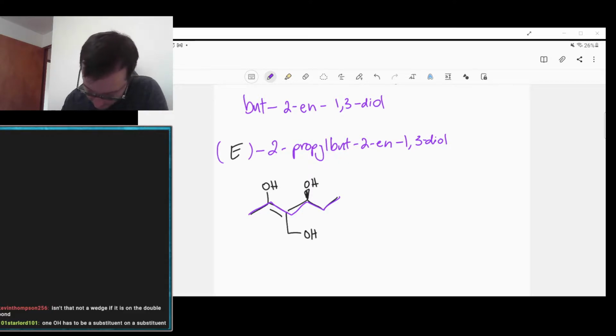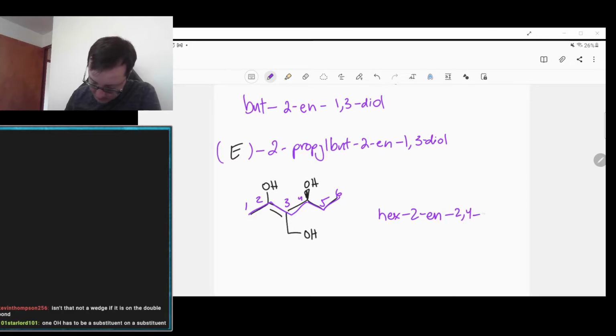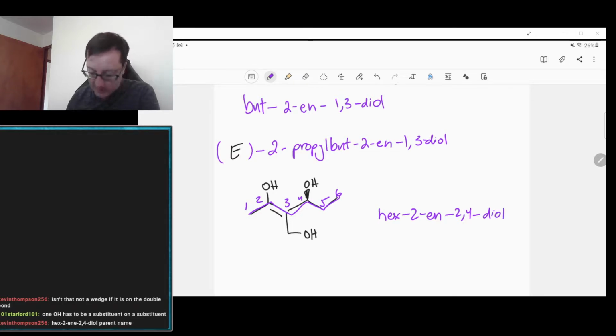So our parent name here, we're going to start here, because that'll give us the lowest numbers. So we're going to have as our parent name hex-2-ene-2,4-diol. That will be our parent name for this.